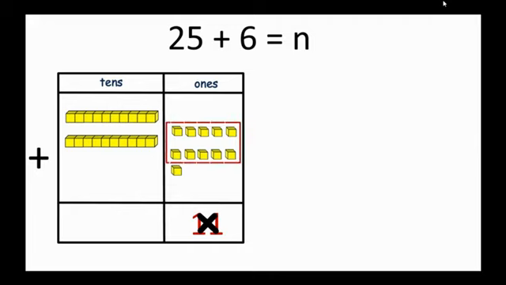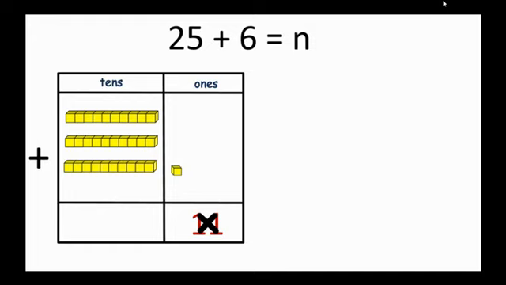Let's put together the 10 blocks to make one group of 10 and then transfer it in the tens place. Now, how many ones are left? 1. How many groups of 10 blocks are there? 3.